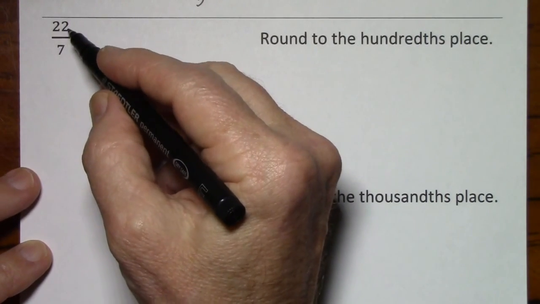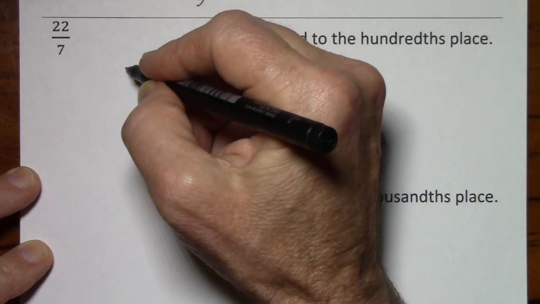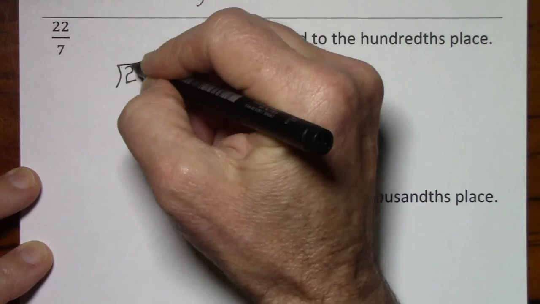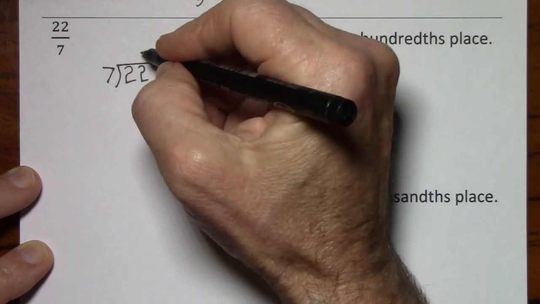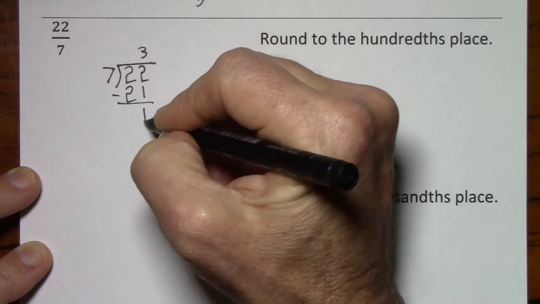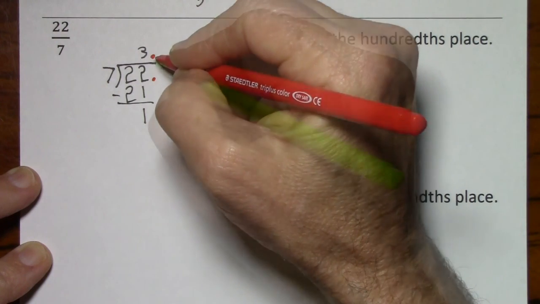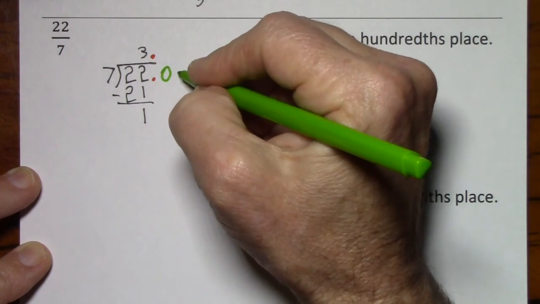Now in converting 22/7 to a decimal, we have 22 divided by 7. Goes in 3 times. I need more digits. Put in the decimal, tell the world, load up on some zeros.